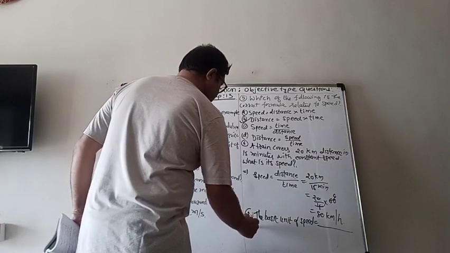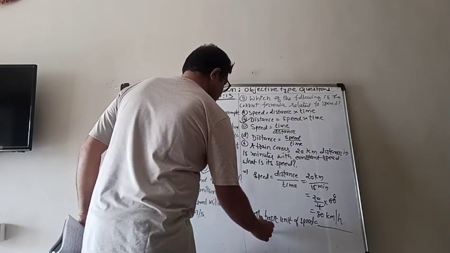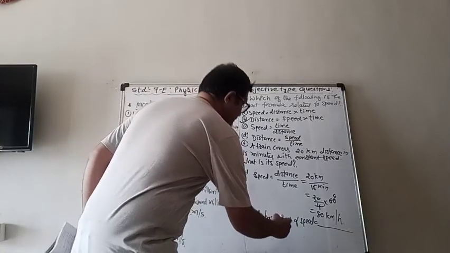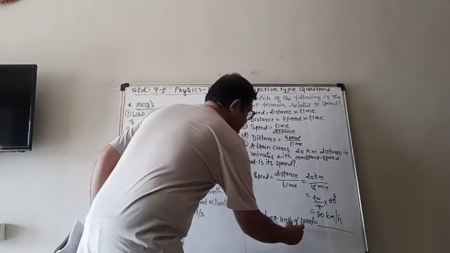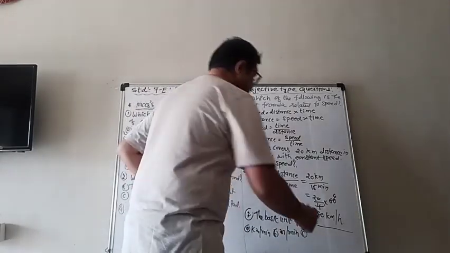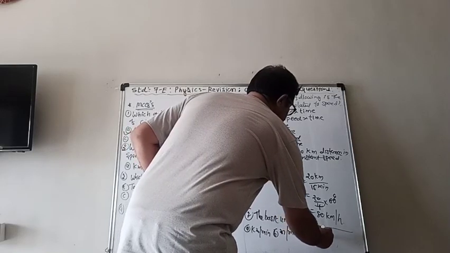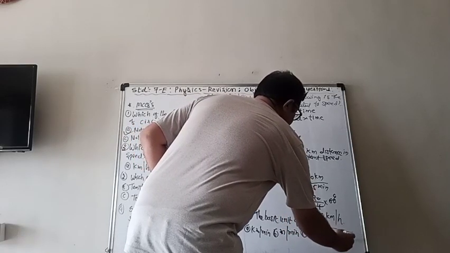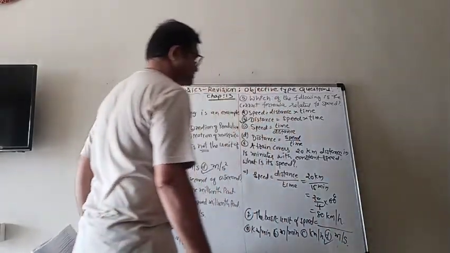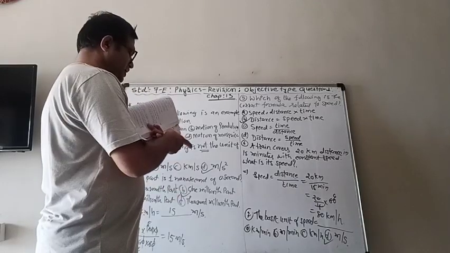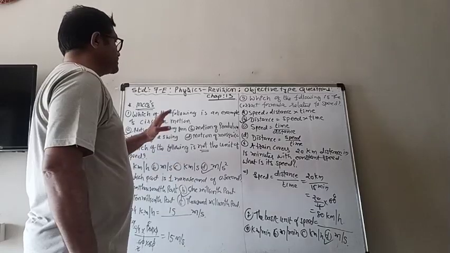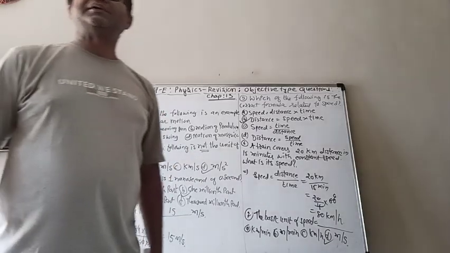Options are A, kilometer per minute, B, meter per minute, C, kilometer per hour, and D is meter per second. So the last option, meter per second, is the correct answer. So those are the MCQs we did.